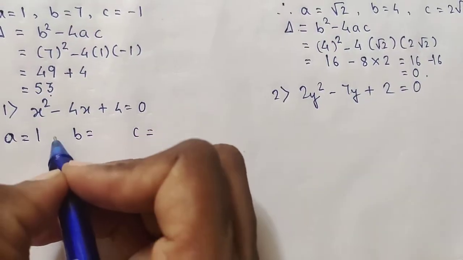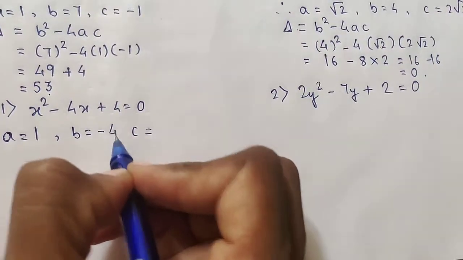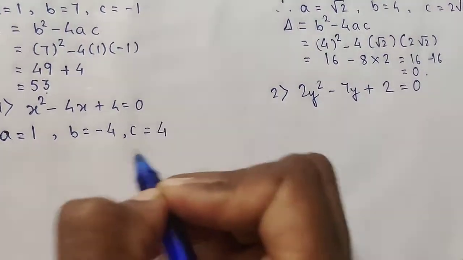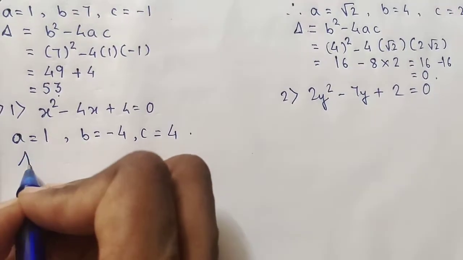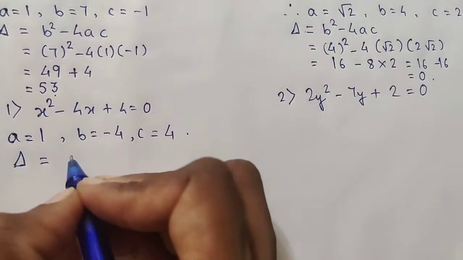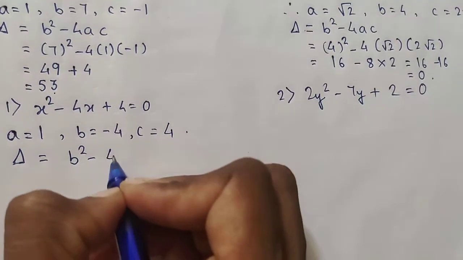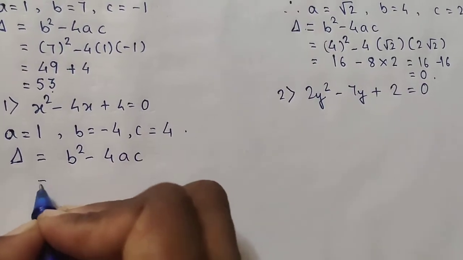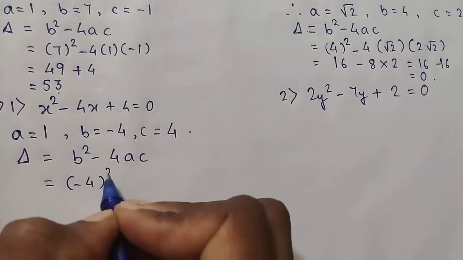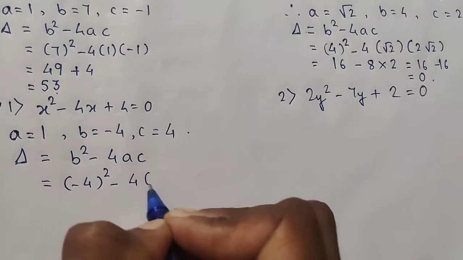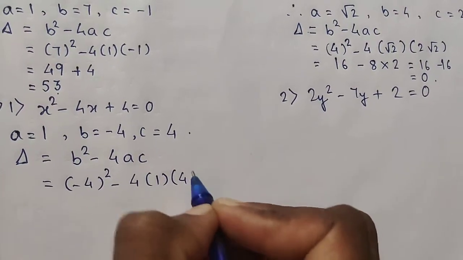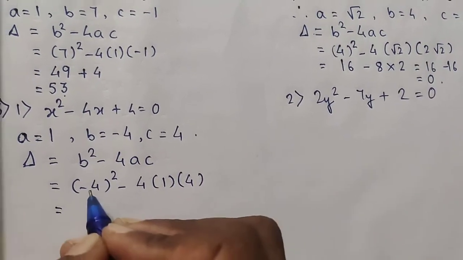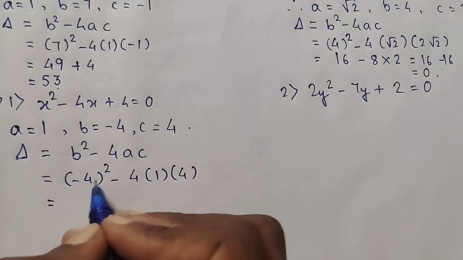What is A here? 1. What is B? Minus 4 and C 4. Okay. Now let us find out delta. That is B square minus 4AC. What is B here? Minus 4 square minus 4. What is A? 1. What is C? 4. Now see, you are going to take square of minus 4.